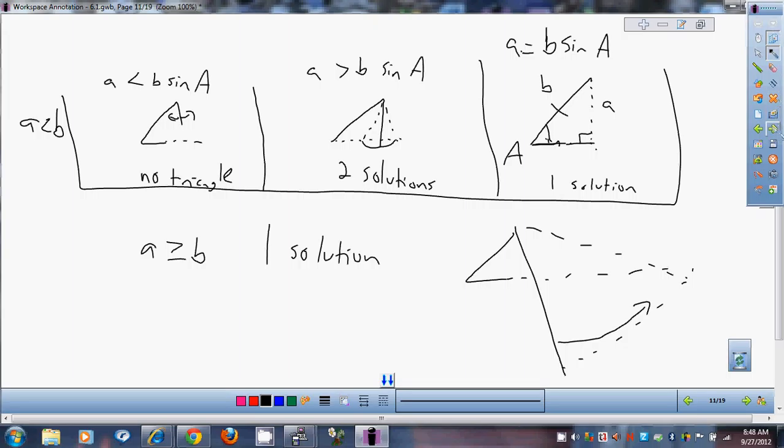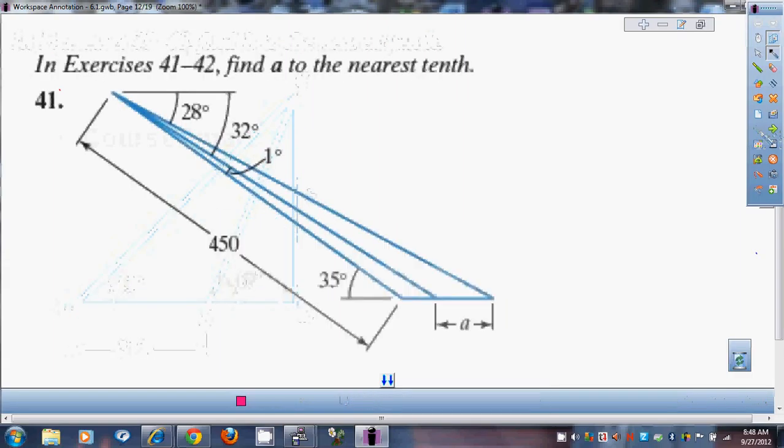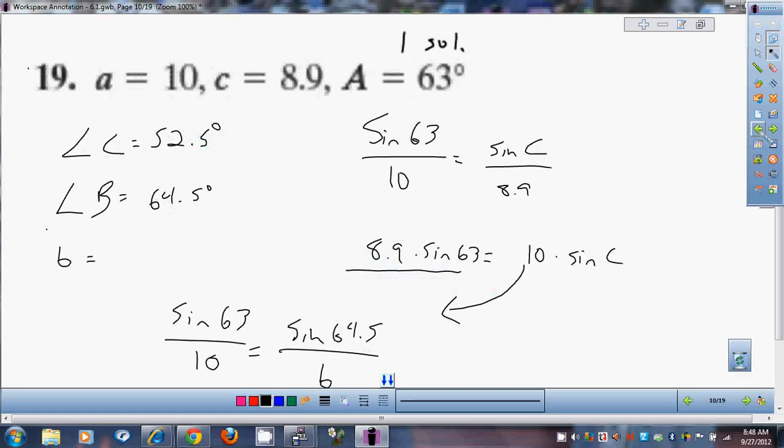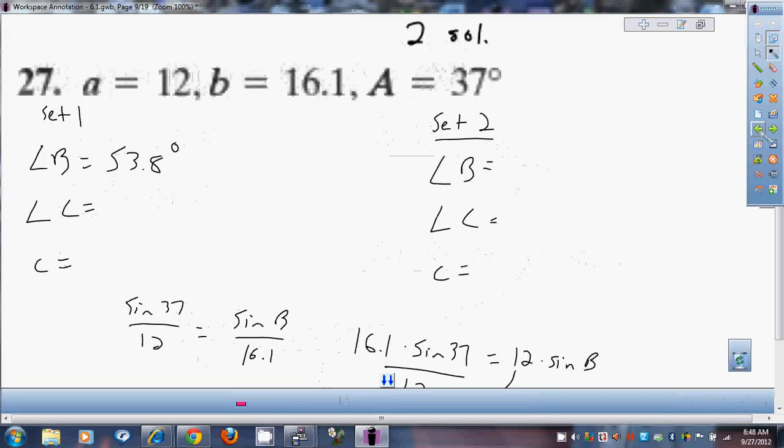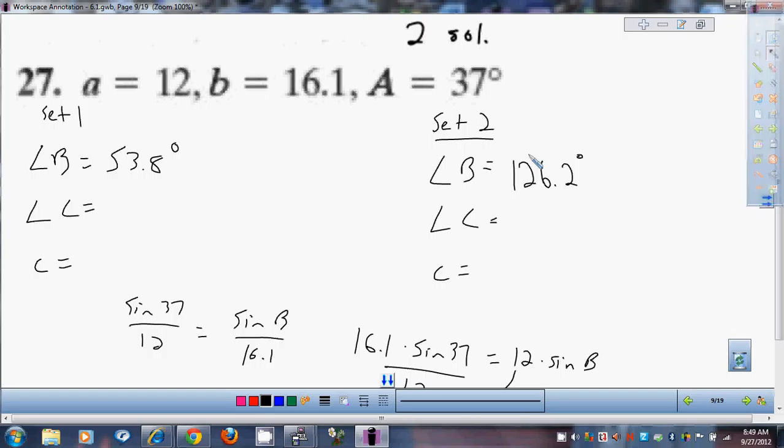So, we know they're supplementary. So, if the first one is 53.8, what's my other angle be? 126.2. So now you're going to solve both sets individually using their different angle B's.